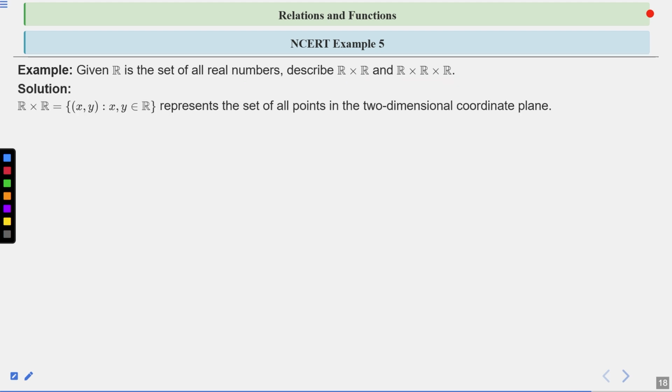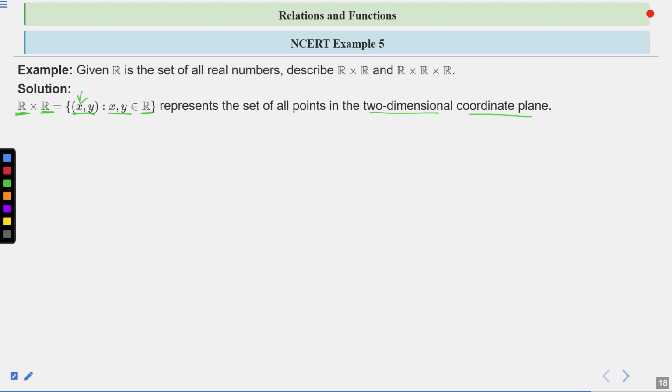R cross R in set builder form is simply collecting the ordered pairs (x, y) such that the first element belongs to the first set R and the second belongs to the second set R. In this case these two sets are the same, so x and y both belong to the set of reals. Clear? And this is nothing but your two-dimensional coordinate plane.